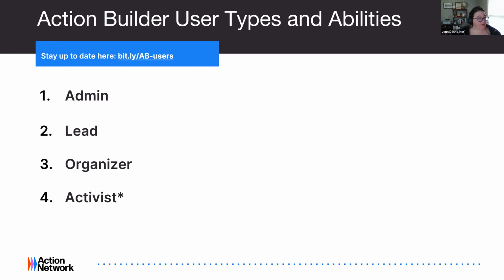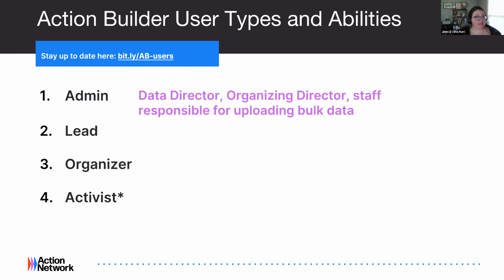So some examples might be of folks who need this particular user type, might be a data director or an organizing director who are really coordinating the whole thing, or your staff person who's responsible for uploading your bulk data. So those are the folks who need to be admins.